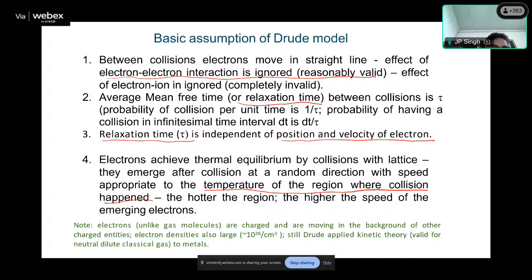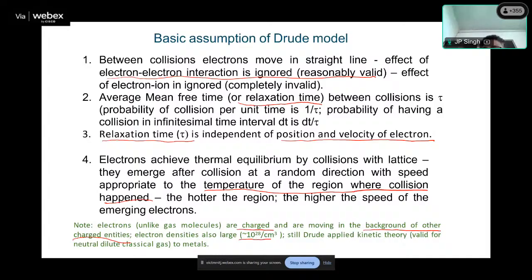And one more thing is that electrons here, unlike gas molecules, are charged bodies, do you know that? They are also moving in the background of other charged entities, and their densities are very large, around 10 raised to power 28 per centimeter cube.